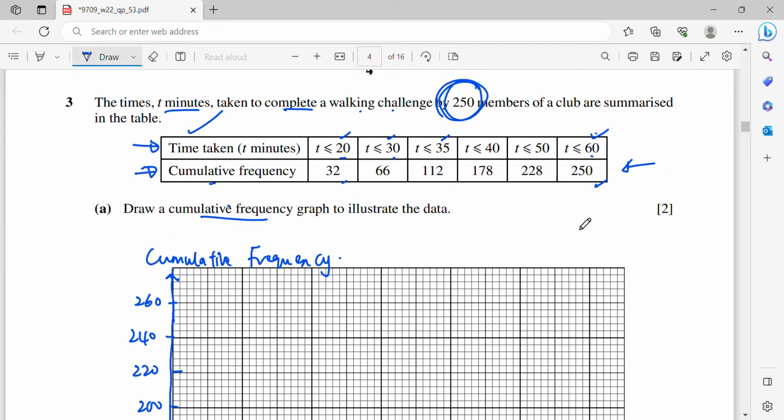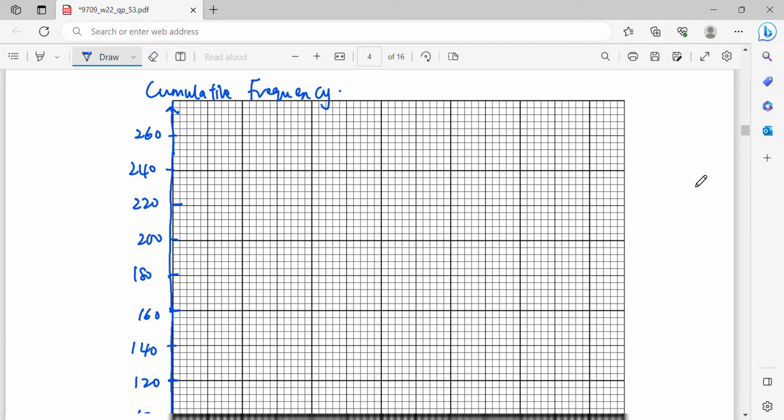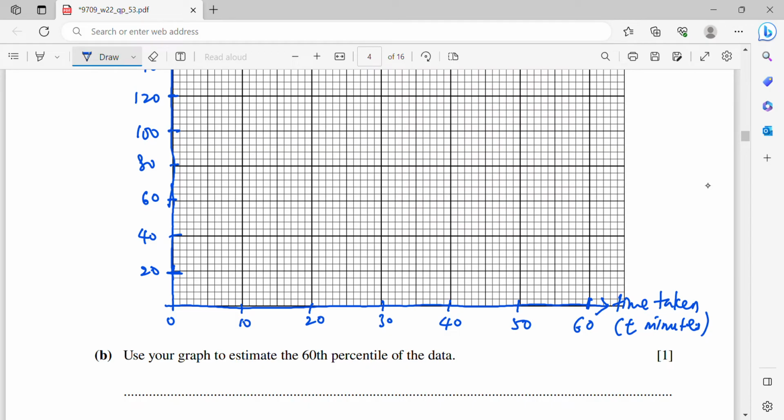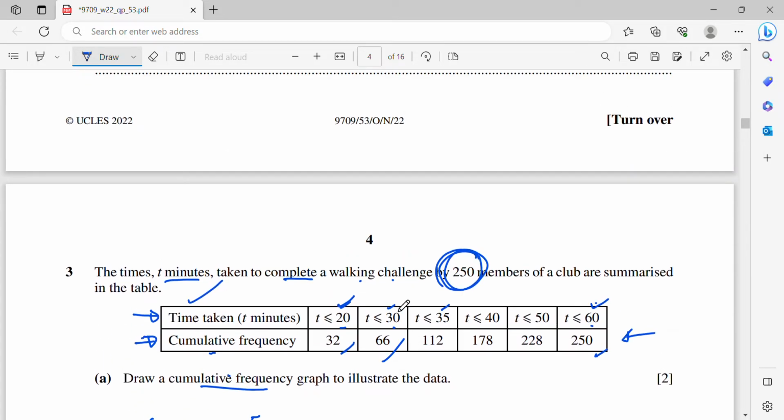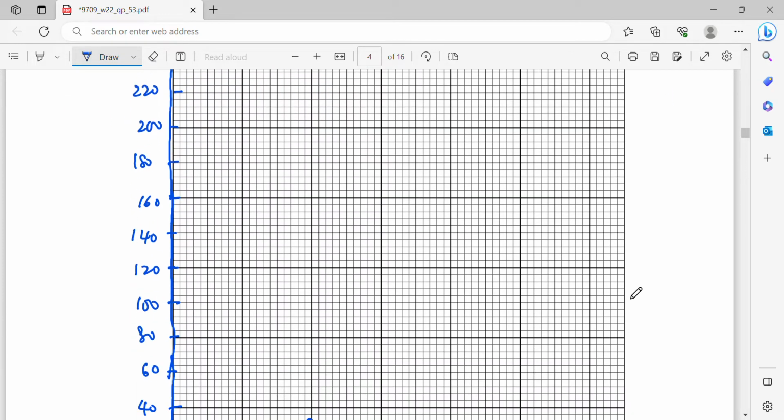Now the first point is at t equals 20, and the vertical axis is 32, so (20, 32). 20 is over here, and 32 means each square is 4, so this is 24, 28, 32. Then the next value is 30, 66.